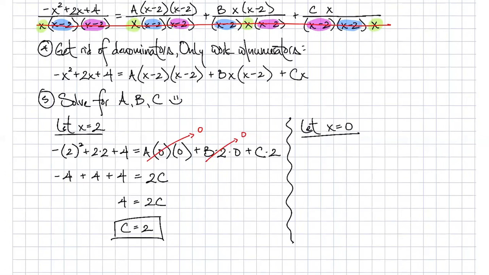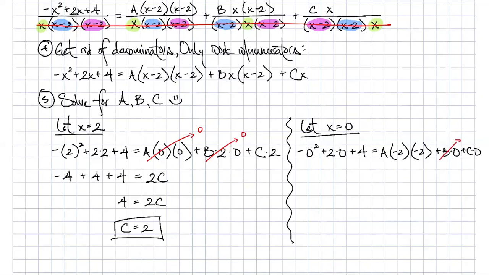And so now I'm going to plug in 0 in the same equation I plugged in 2. So I'm going to get negative 0 squared plus 2 times 0 plus 4 equals A times negative 2 times negative 2 plus B times 0 plus B times 0.